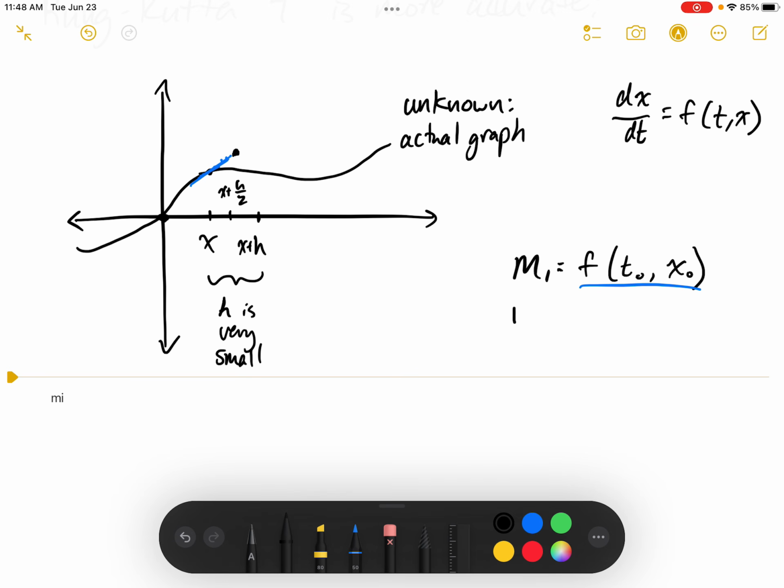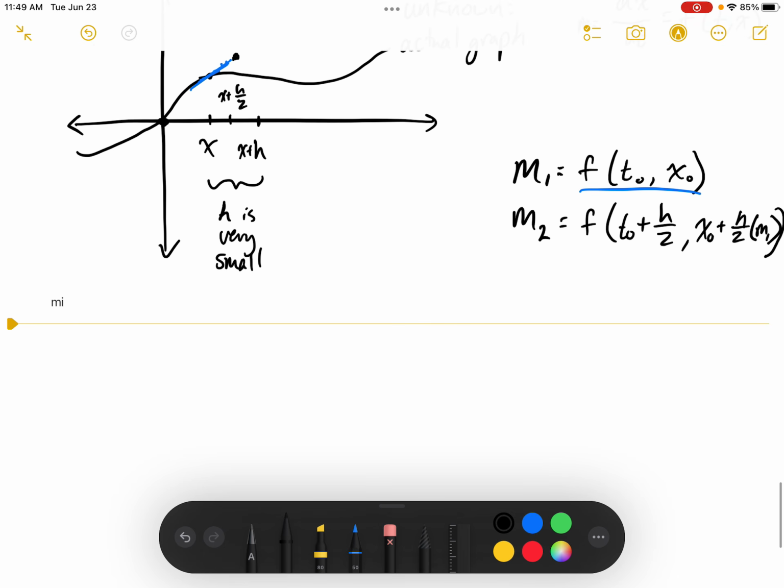So now we have an m2 is equal to some function of t naught plus h over 2, and then x naught plus h over 2 times that first slope that we calculated.